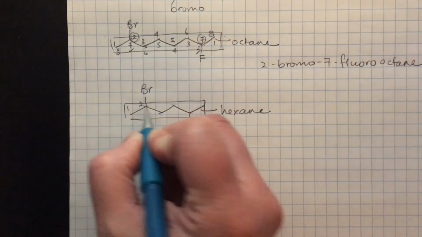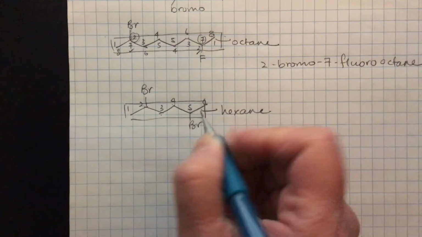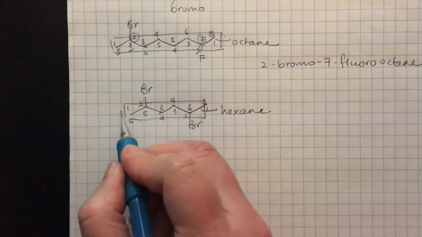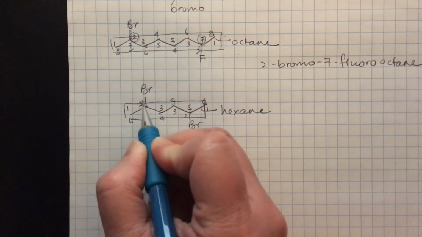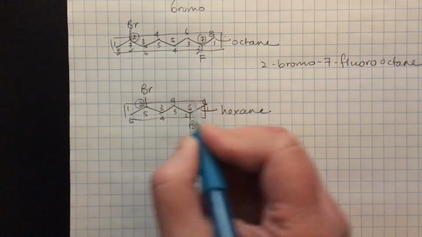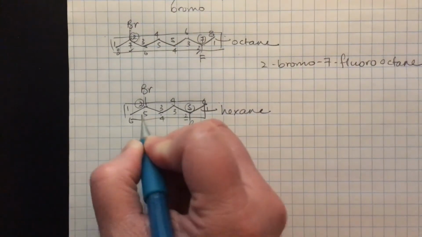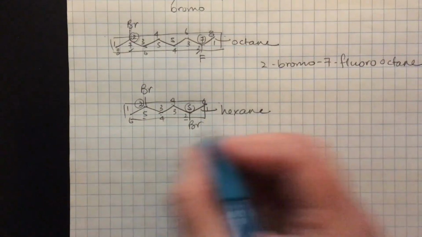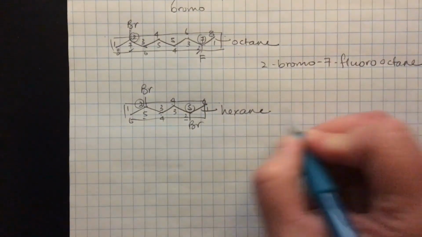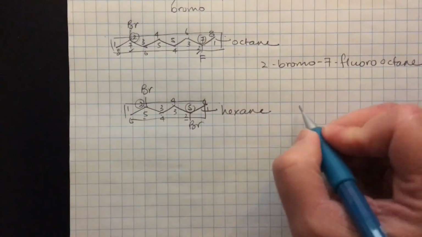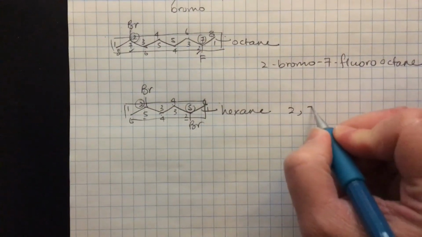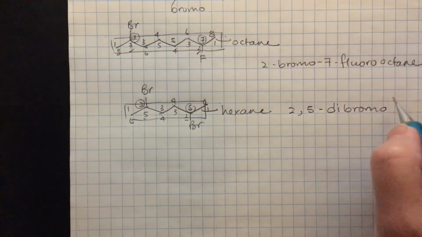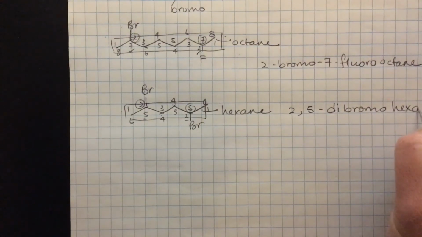And I number this 1, 2, 3, 4, 5, 6, and 1, 2, 3, 4, 5, 6. In both directions, the carbons that the bromines are on are the 2 and the 5, so it's exactly the same in both directions. So how do I go about naming this? Instead of going 2-bromo, 5-bromohexane, I'm going to write 2,5 and then write dibromo, and then it's going to be hexane right there.